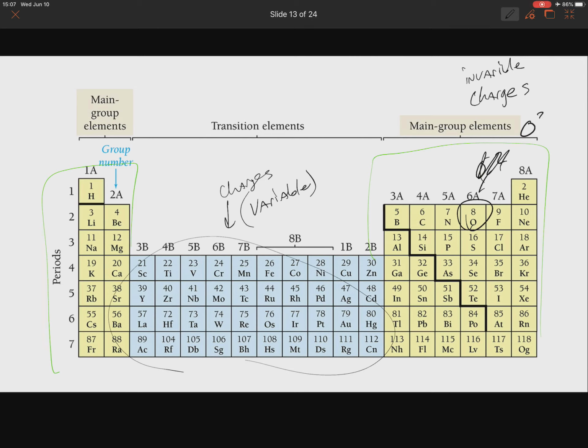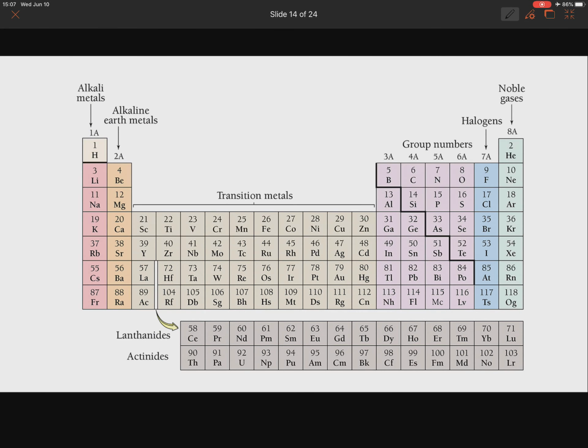Always. Beryllium, always 2 plus. But chromium might be 3 plus, might be 4 plus, might be 5 plus. And it's not that I don't know, it's that it depends. So we separate these guys.